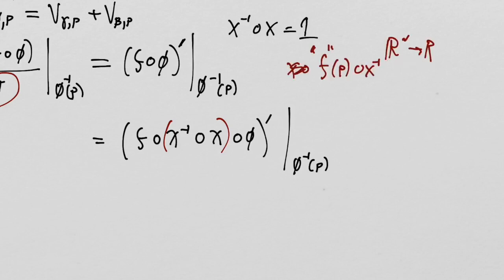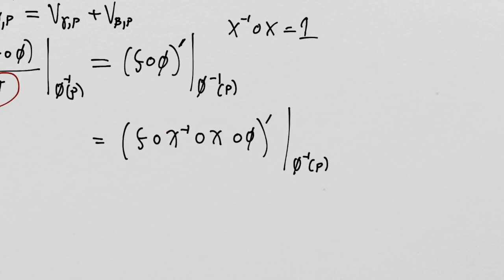All right, so the next thing we're going to do is apply the chain rule. We're going to think of this as one function and another function, right? So there's two functions.